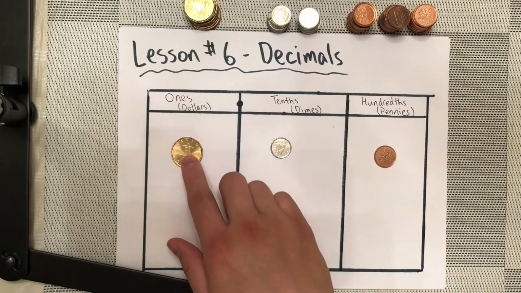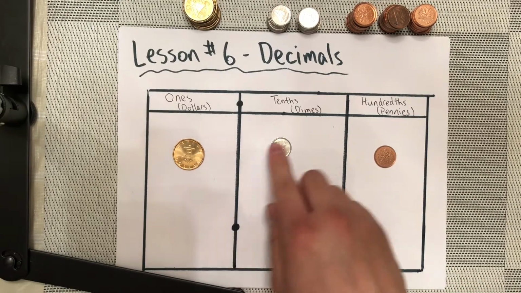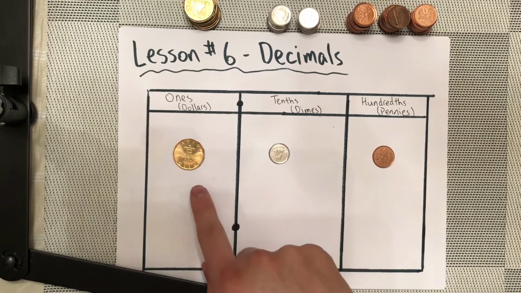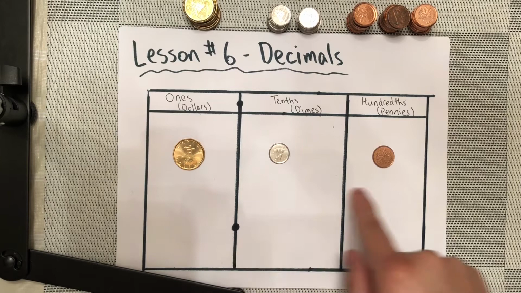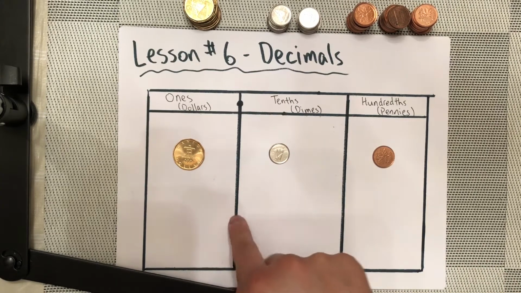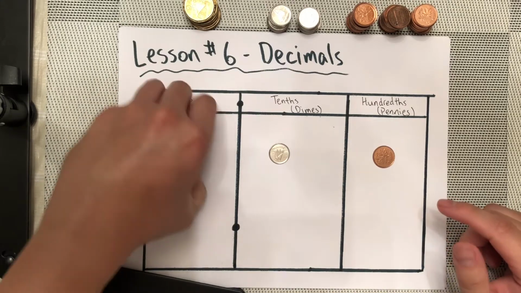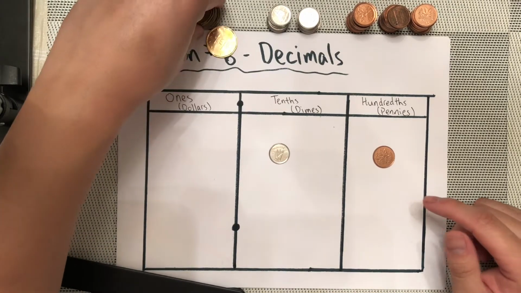So when I have $1, one dime, and 1 penny, I can show this as $1.11 or 1.11. Okay, let's say I have a number like this.